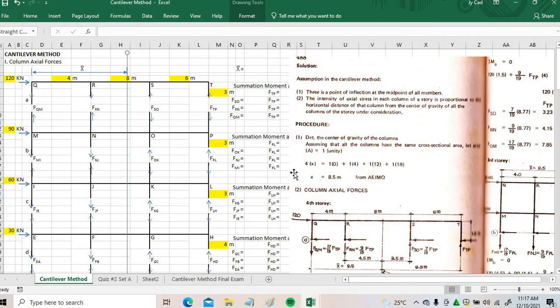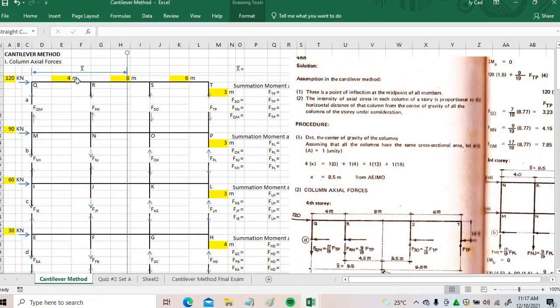Is equal to the summation of moments, no? So, we start with column QM, that is 1 times 0. Since ang lever arm niya, from this dimension, or from this location is 0.